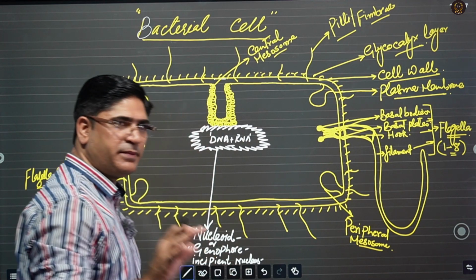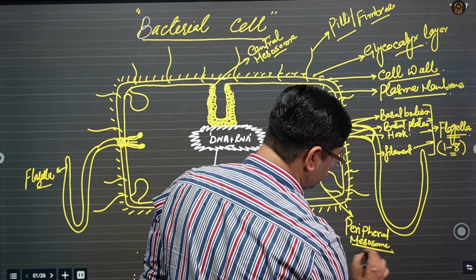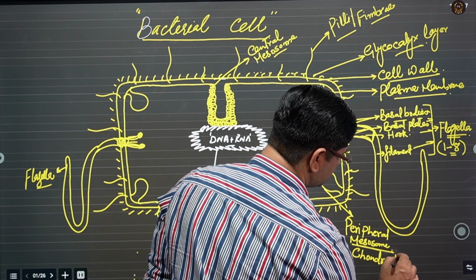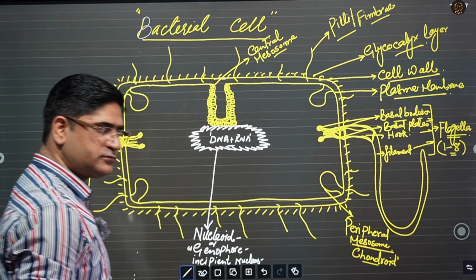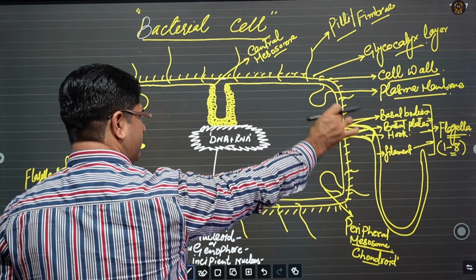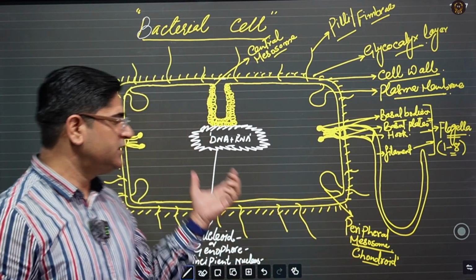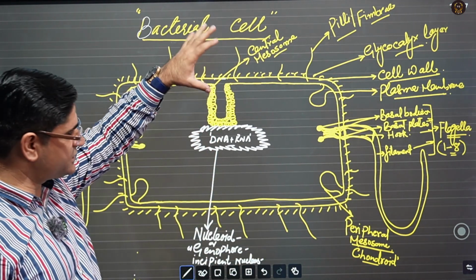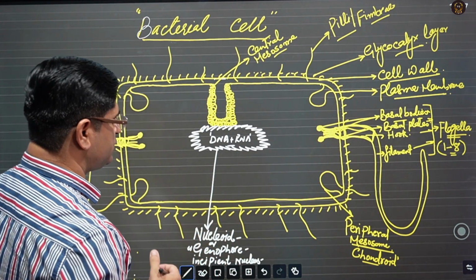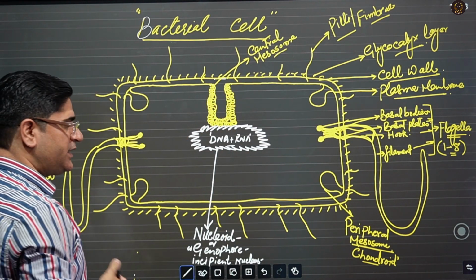Peripheral mesosomes are also called chondrioids. Remember these terminologies. Structurally, peripheral is different from central, but functionally also they are different. The central one does some function which is different from the peripheral mesosome, that I will explain later. Structurally, this is the modification of the plasma membrane inside.